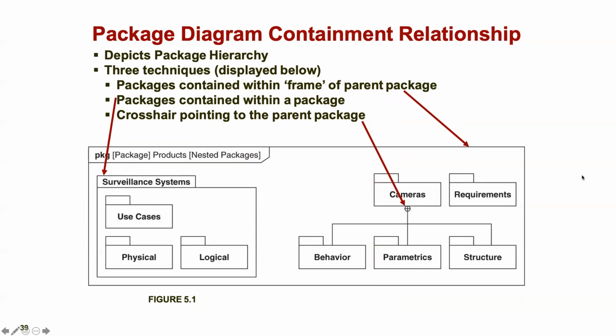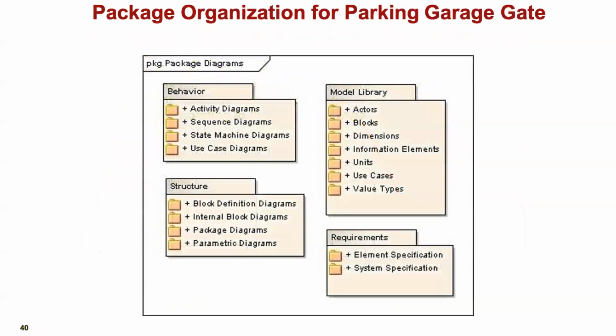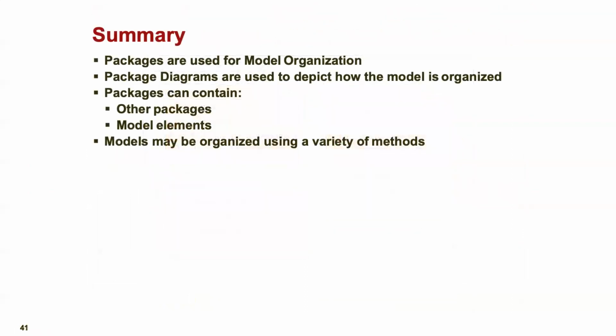So you can have multiple layers of containment with your packaging diagrams. Here is just an example of package organization for a parking garage gate. This could be something that might be of use for trying to play that out.